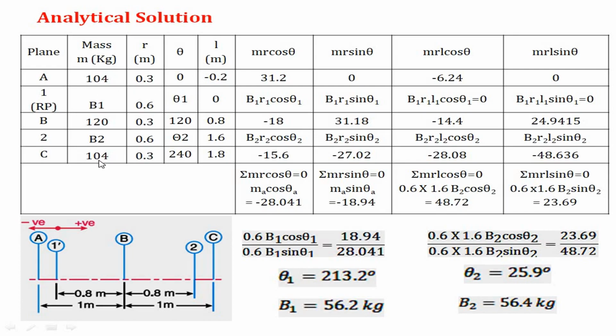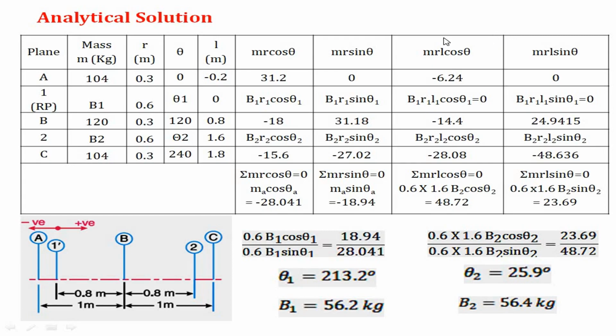The other mass values are known for us. Similarly, the radii of rotation are known, and for the angle, there is always a choice that you can select one of the masses at a particular location. So right now we are going to select the mass in plane A at 0 degrees. So the mass in plane B can be placed at 120 degrees and C can be represented at 240 degrees.